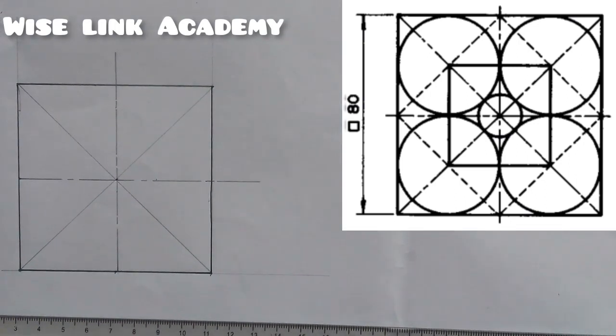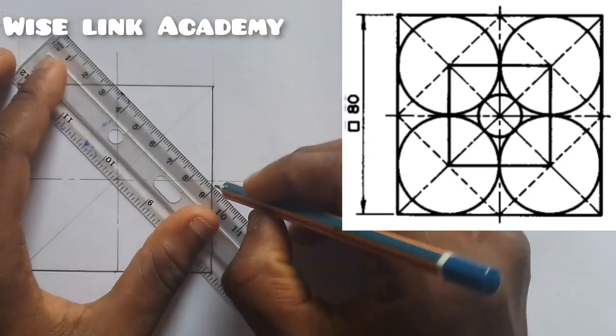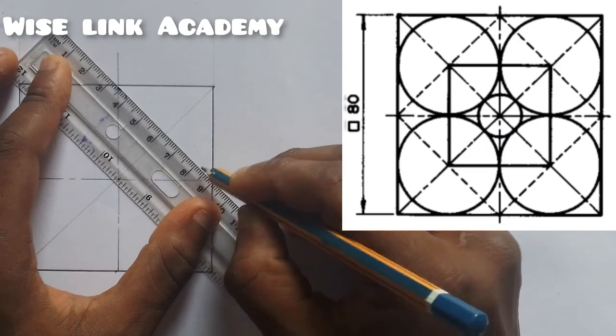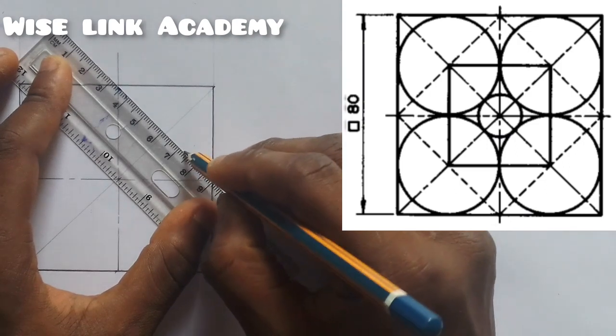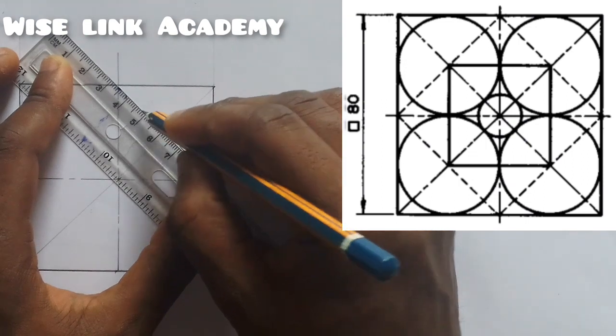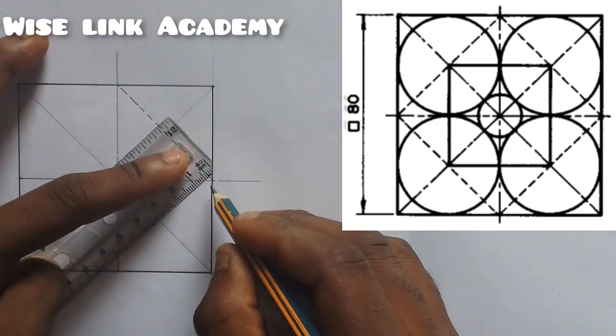So my next task here is to take my meter rule and connect these parts together with a dash line. So take this on this dash line. I have this.